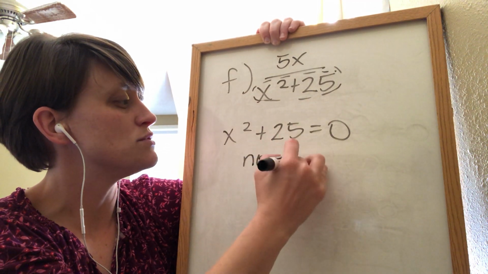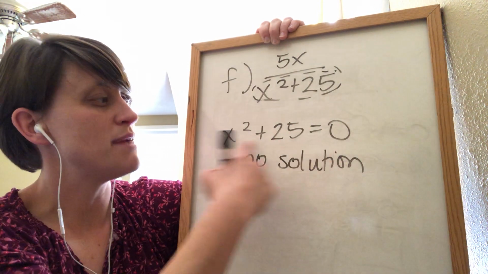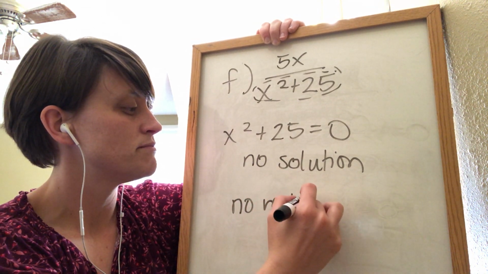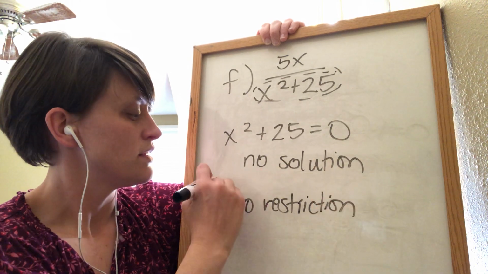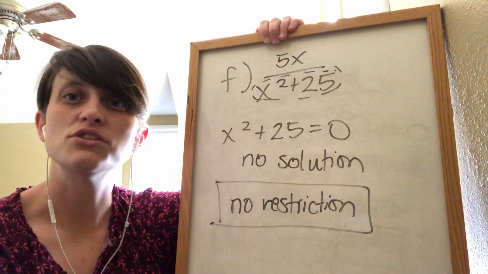There's nothing you could put in for x that would make this happen. So there is no restriction. There is nothing you could put in for x that would cause the denominator to be 0.